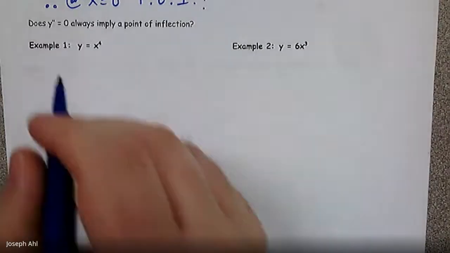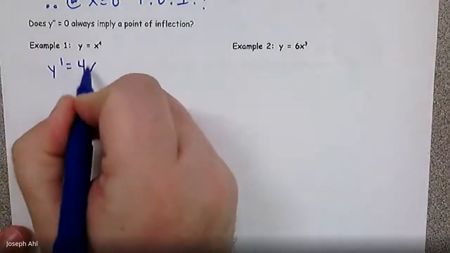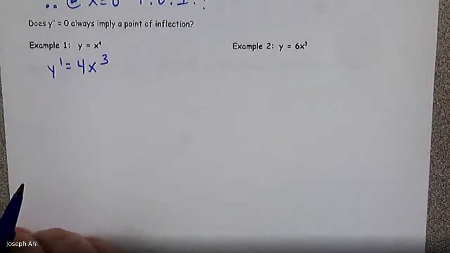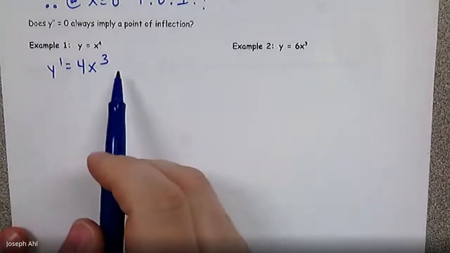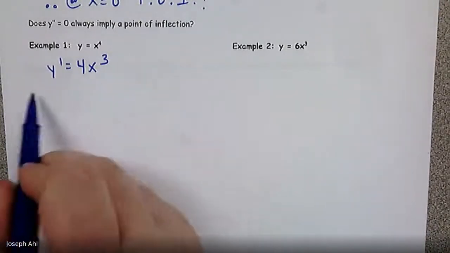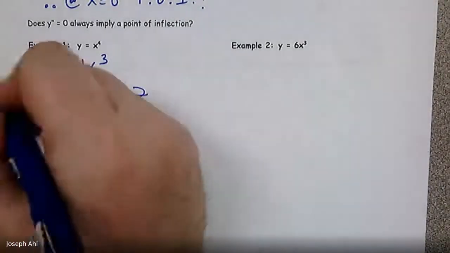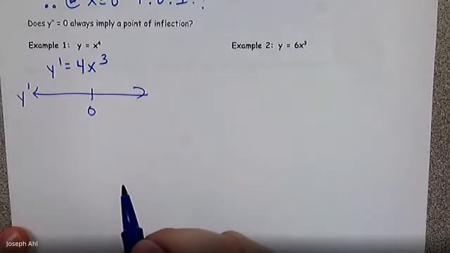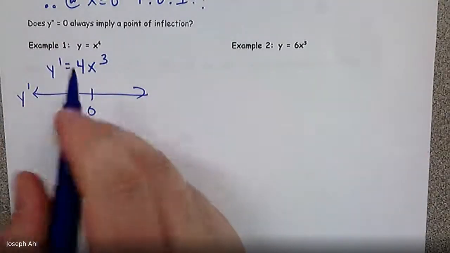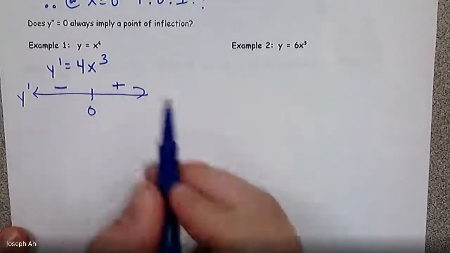So for y equals x to the 4th, we know that y prime is equal to 4x cubed. The critical point here, if I set this equal to 0, is x equals 0. If you put 0 on a number line, this is your y prime number line. Testing a negative would output a negative. Testing a positive would output a positive.